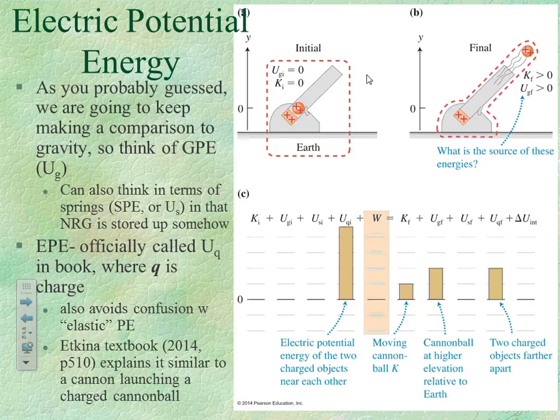It has zero gravitational potential energy because this is the zero point, and zero initial kinetic energy. Here are our bar charts, as we've been doing before. Zero kinetic, zero gravitational, zero elastic or spring potential energy, because no springs. It has a bunch of electric potential energy, and there's not going to be any outside work being done.